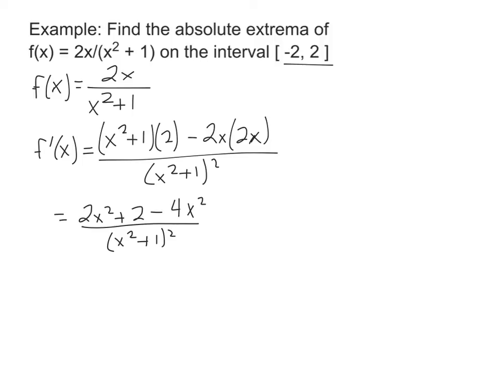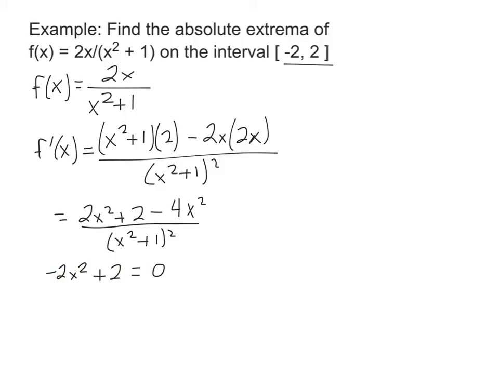Okay, so if I take the numerator and set it equal to 0, that'll give me some critical numbers here, because this is going to equal 0 when the numerator is 0. 2x squared minus 4x squared, negative 2x squared, plus 2 equals 0.